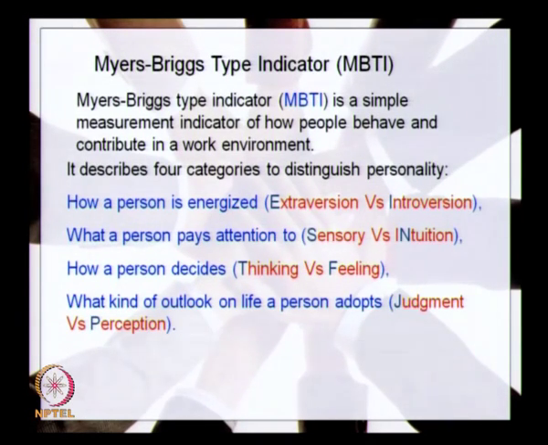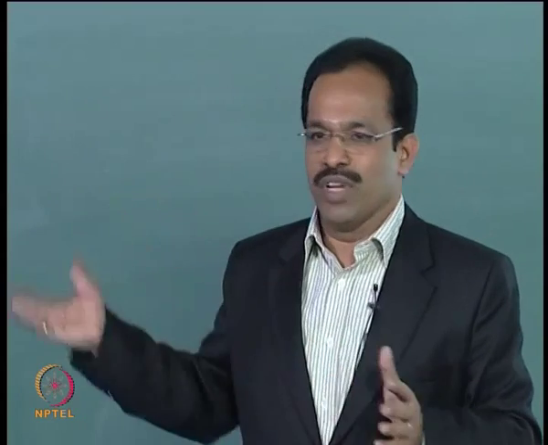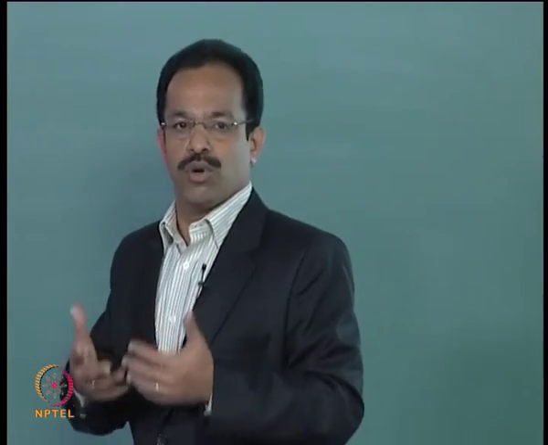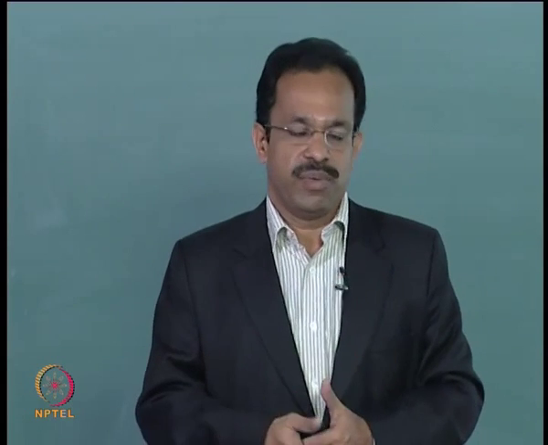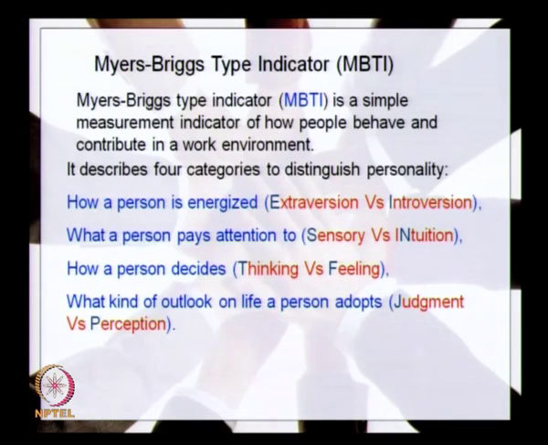The extraversion people get energy from outside, so he wants people around him, he wants to be always going out and doing things with people, so such people are extraverted. Introverted people are more to the inner self, they get their energy from their own self, they think, they try to analyze things and then get the energy from that. That is how a person is energized.